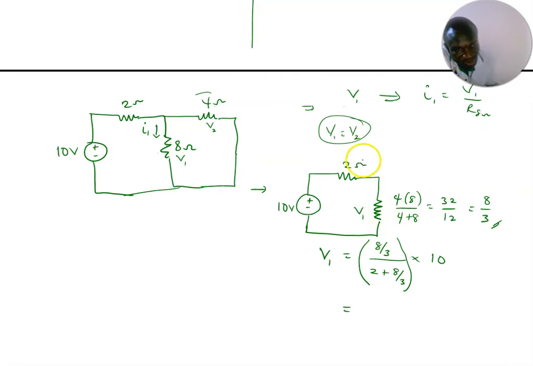The total resistance is going to be 2 plus 8 on 3, all multiplied by the total voltage. Okay, so let's compute it.